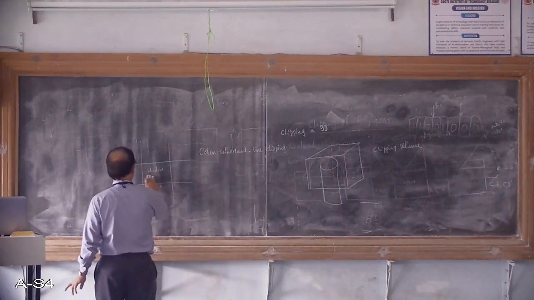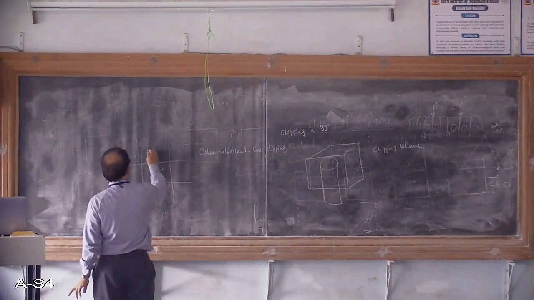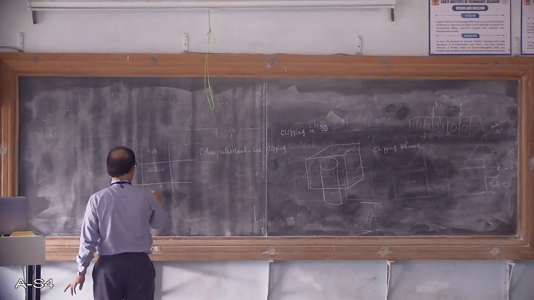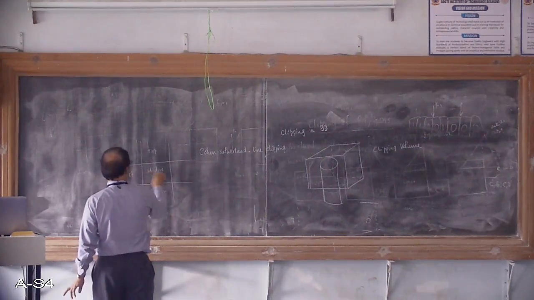The regions are, this is the first region, then this is top, this is bottom, and this is left, this is the right.